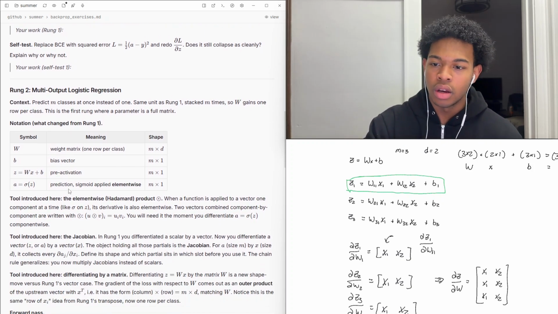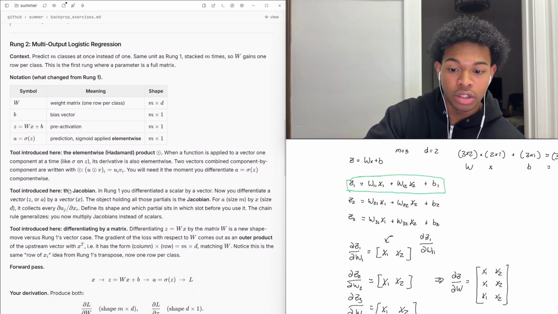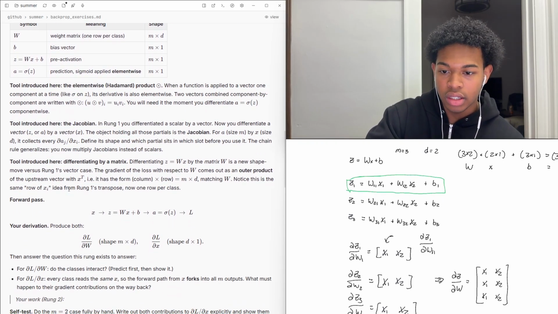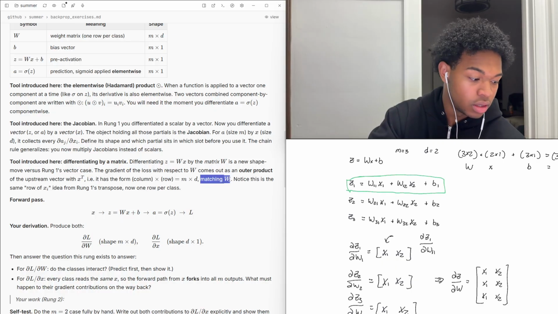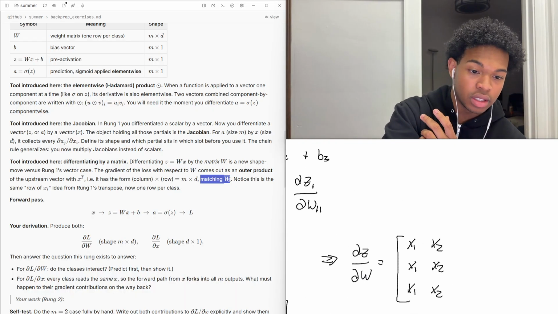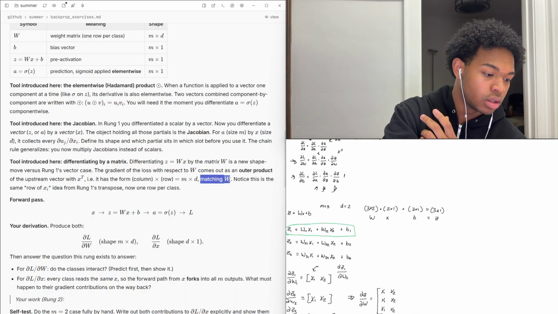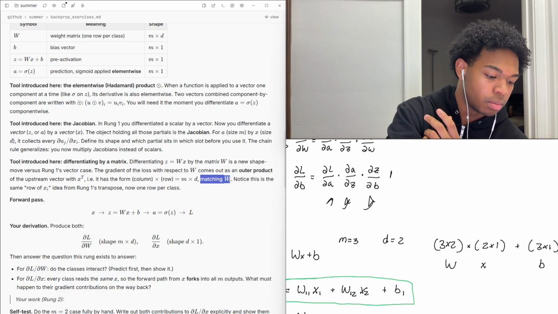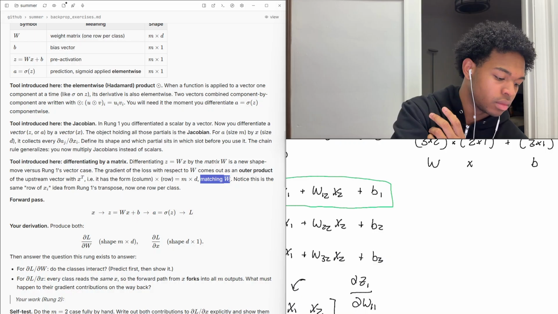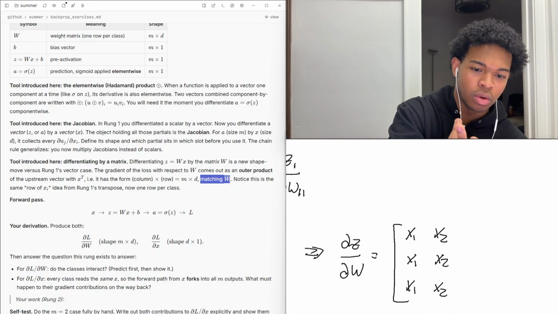For this multi-output logistic regression, this m by d, which is what we've produced here, in fact m is 3 by d equals 2. Perfect. Where did the bracket go?